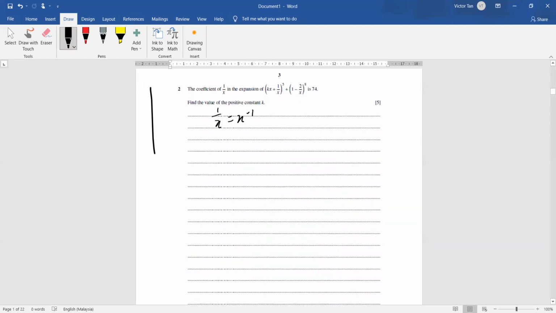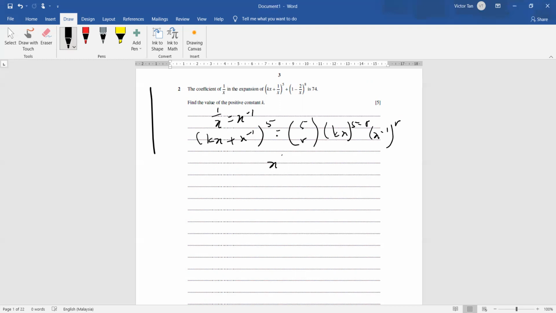Okay, so let's look at kx plus x to the power negative 1, to the power 5. The general term is 5Cr, kx to the power 5 minus r, x to the power minus 1 to the power r.